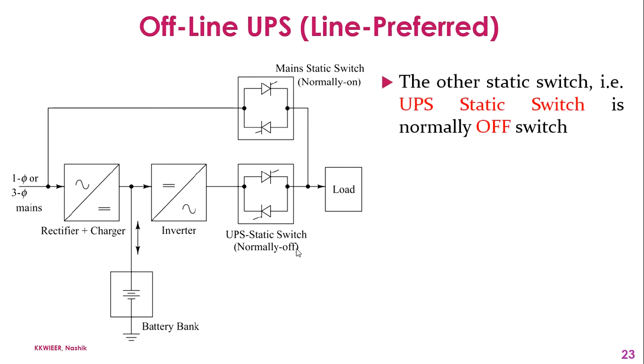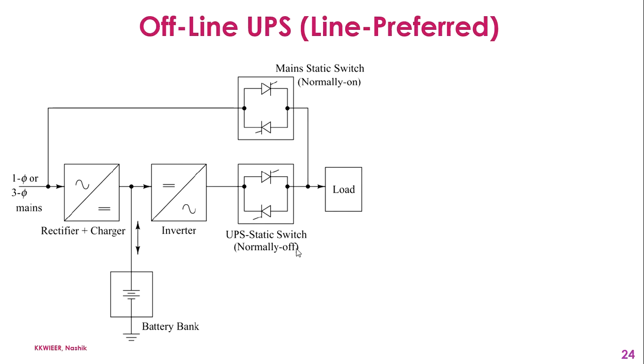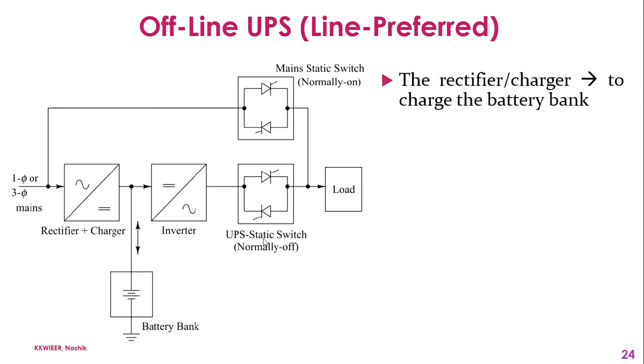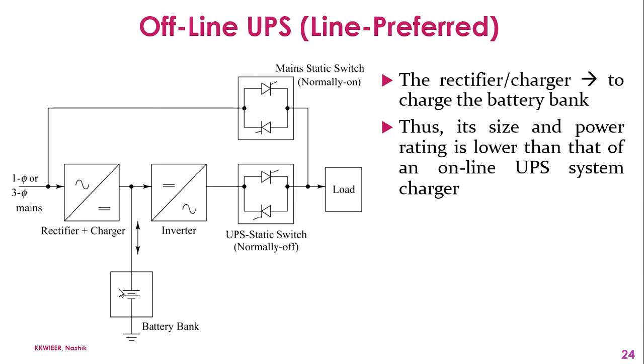The other static switch, which is in the off state, is closed only when the mains fails. Thus, in the offline UPS, the inverter comes into the circuit only when the mains fails. The rectifier or charger gives DC supply to charge the battery bank, and thus its size and power rating is lower than that of the online UPS system charger.